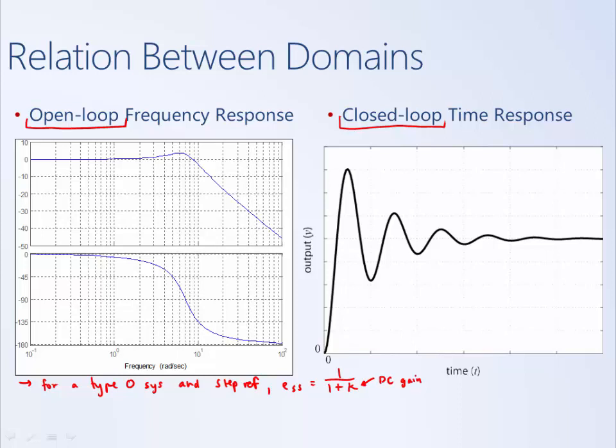So recalling this sort of expression which we derived earlier in a previous module, think about what aspect of the frequency response plot would tell us about a system's steady state error, what the steady state error is for a step input, for example.